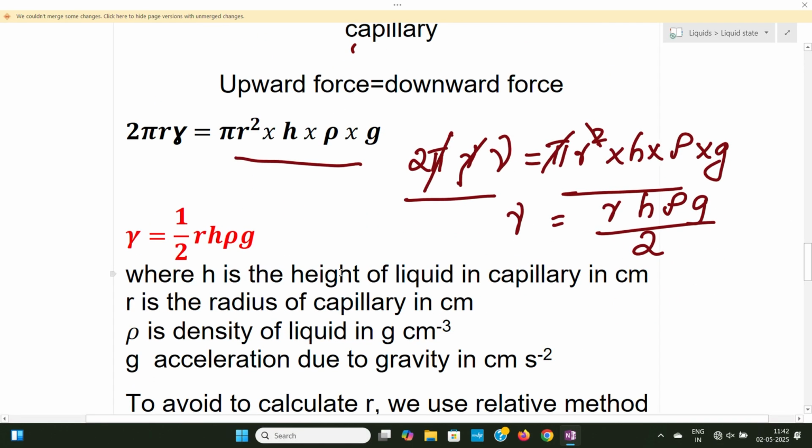The surface tension gamma is equal to 1 by 2 r h rho g.